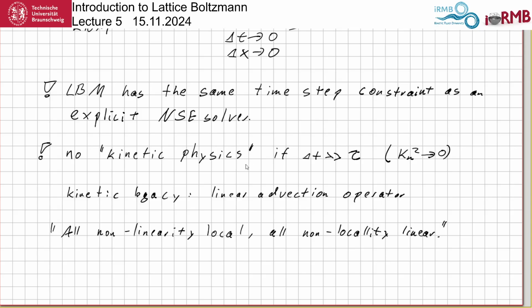And maybe it is. But there's one thing that we get out of the kinetic theory, and this is this sentence here: all nonlinearity is local, and all non-locality is linear, which of course is not a sentence.